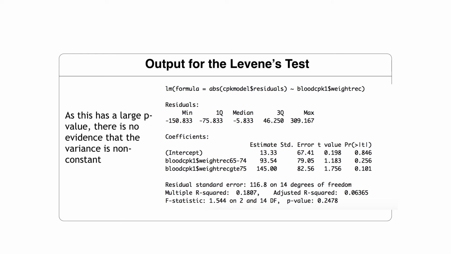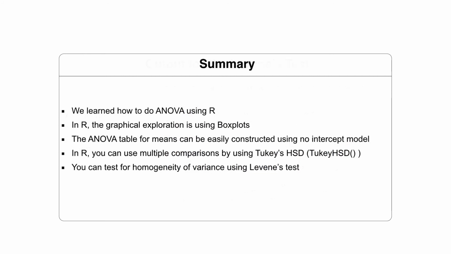You can get a nice graphical view, you can test the multiple comparisons, and when you put the analysis of variance in R, it is a good idea not to put the interaction or the intercept term. So these are some of the basic issues that we had learned on how to do ANOVA in R. And the ANOVA table of means can be very easily constructed if you do not give an intercept, using the no intercept model.